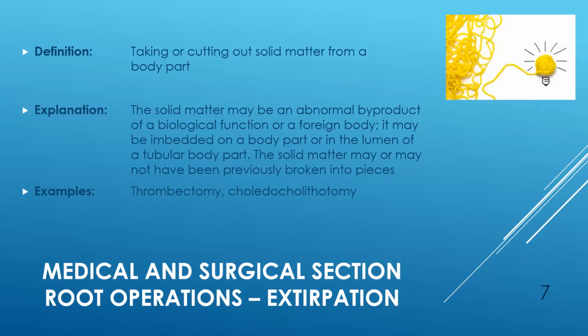It could only be done on a tubular body, but for extirpation, it could be a solid organ, or a part of a body part, or it could be the lumen of a tubular body. Thrombectomy, good example of that. They go in with a little tool and they kind of rotor out the arteries of plaque.